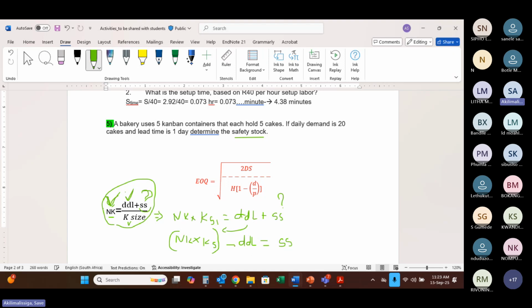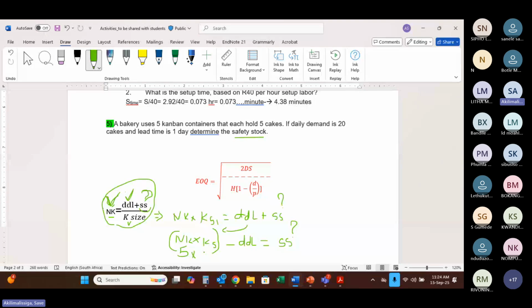Safety stock. So now you can see you can easily calculate safety stock based on the data that you have here. Let's say a bakery uses 5 Kanban containers. This shows you that the number of Kanban here is 5. So here is 5, and it's going to be times the Kanban size. It says a bakery uses 5 Kanban containers that each hold 5 cakes.